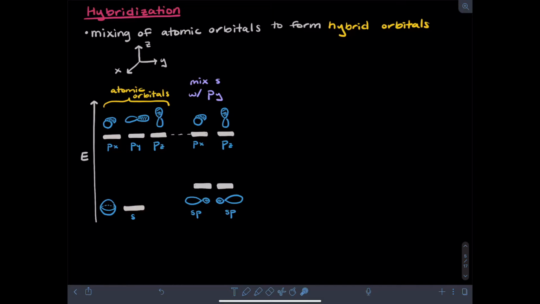Notice that the sp hybrid orbitals are higher in energy than the starting s orbital. This type of mixing gives us sp hybridization. We mix together two of our orbitals to get two sp hybrid orbitals, and we have two remaining unhybridized p orbitals.